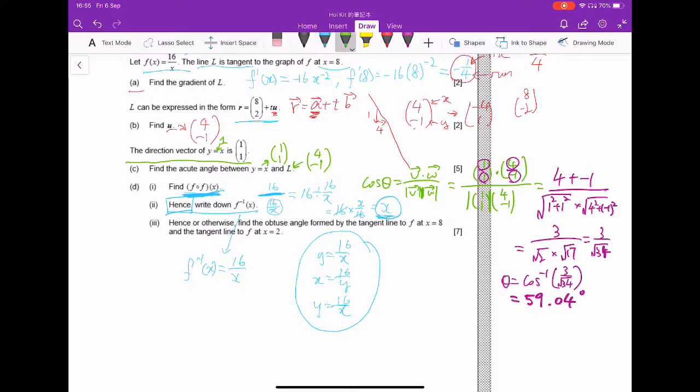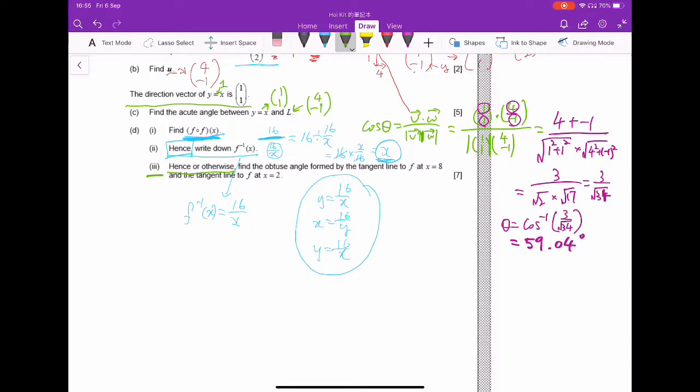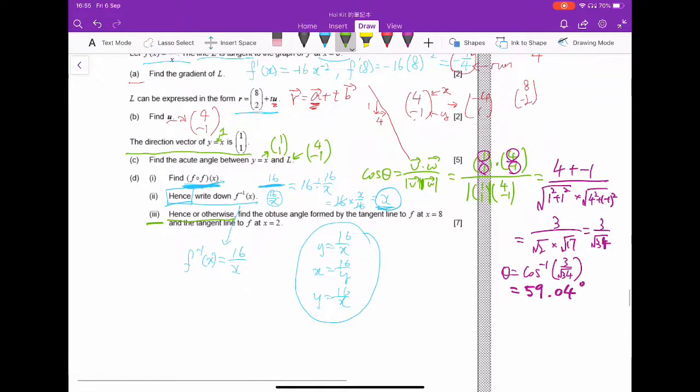Okay. Next it says hence or otherwise. Now this time there's otherwise. When there is otherwise, that means it's okay to not do hence. So it's okay to do this part without using the previous part if you want to. But obviously using the previous part should be easier. It says find an obtuse angle formed by the tangent line to f at x equal to 8 and the tangent line to f when x equal to 2.